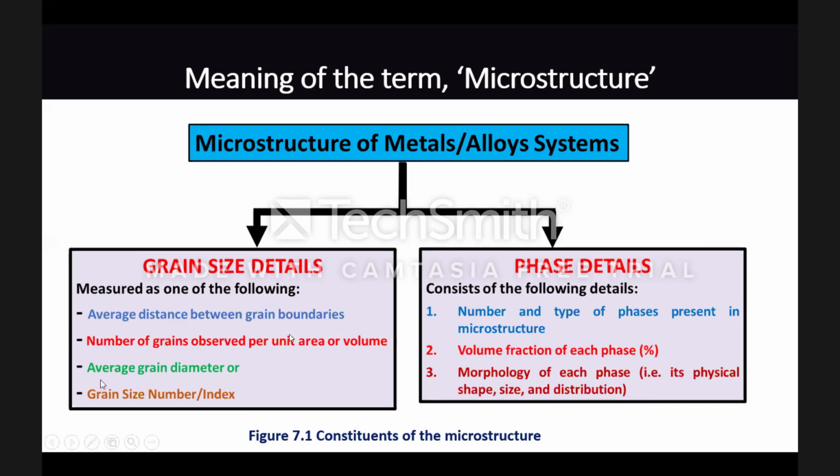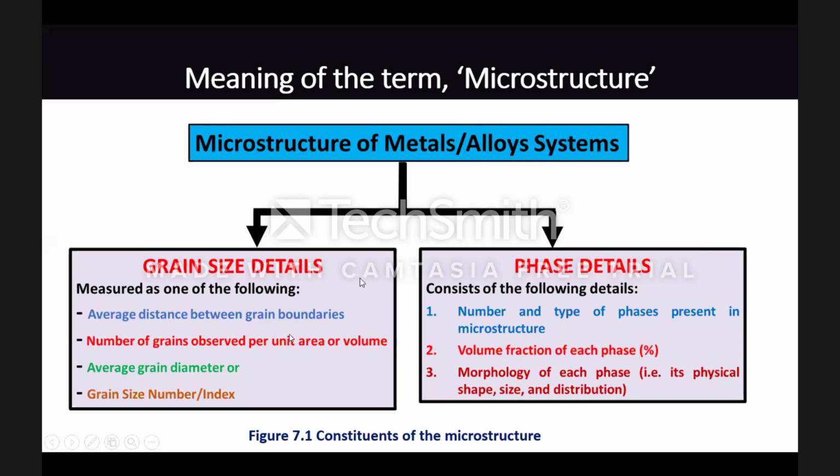You can assume the grains to be spherical in shape, and then talk about grain size in terms of the average grain diameter, or you can use indices like the grain size number, the grain size index, etc. But generally, how will you talk about grain size? Sir, a relatively fine grained structure is being seen. A relatively coarse grained structure is being seen, etc.